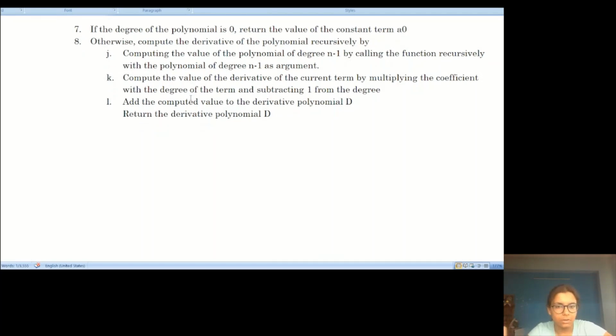Then we have to compute the value of the derivative of the current term by multiplying the coefficient with the degree of the term and subtracting 1 from the degree. With this, we would compute the derivative polynomial d, add it and return the derivative of the polynomial d.